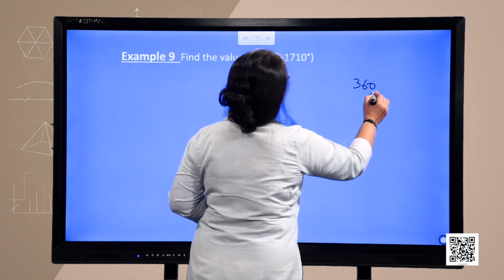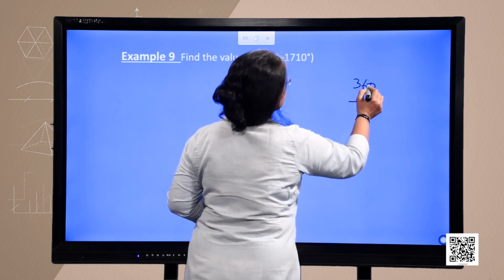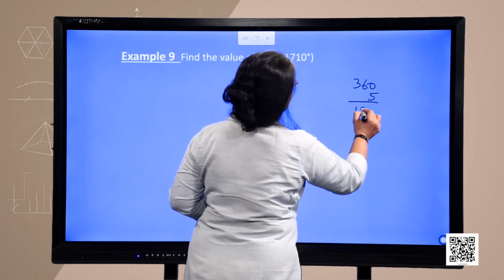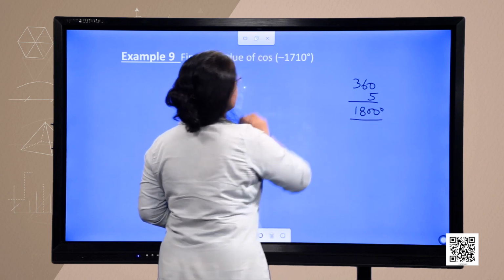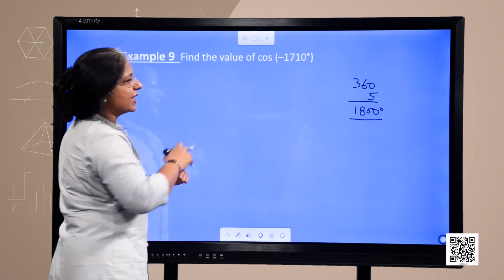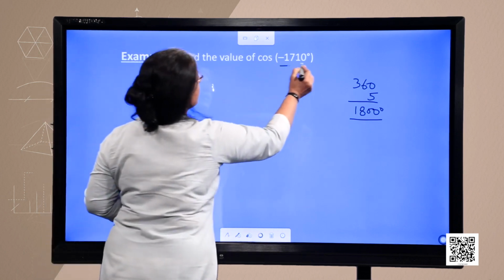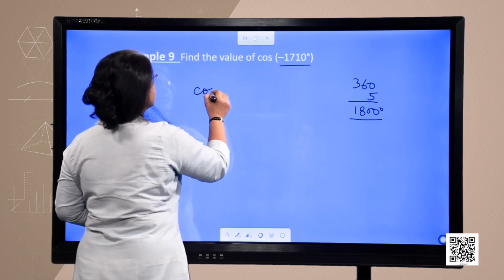360 multiplied by 5 will give us 1800 degrees. So, if we add 1800 to this angle, it will not make any change.